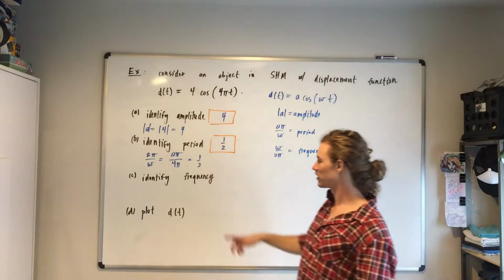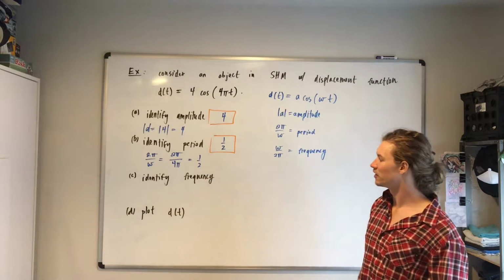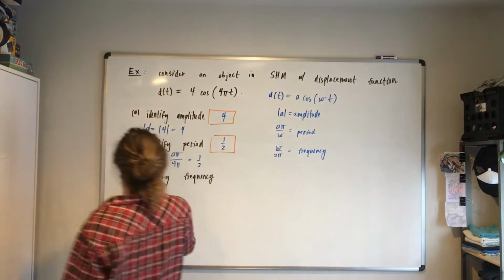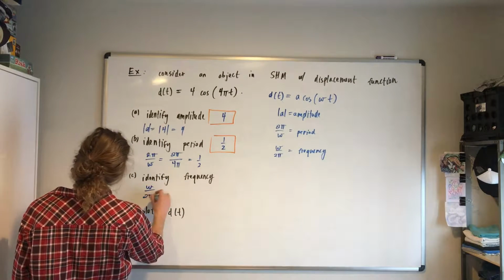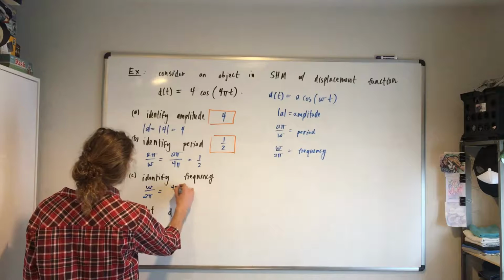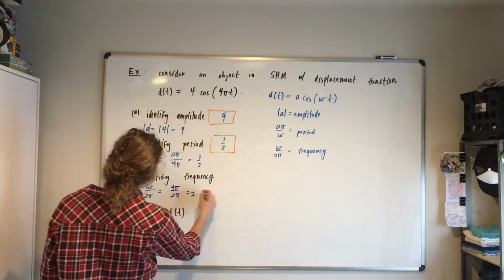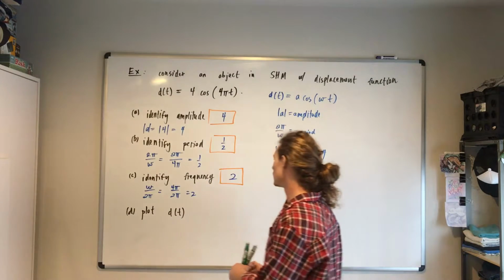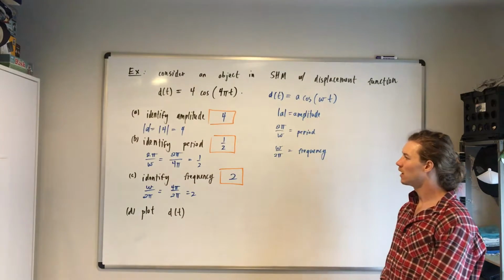For frequency, we look at the reciprocal of the period, or look at omega over 2 pi. In either case, we'll find that the frequency is equal to 2. What does this mean?